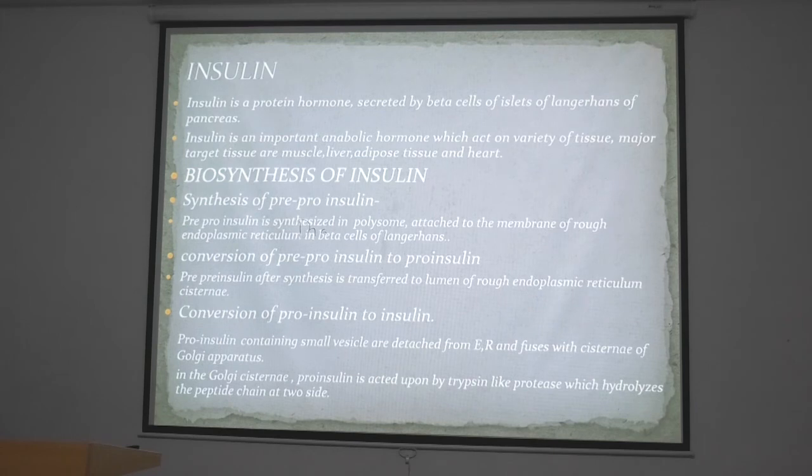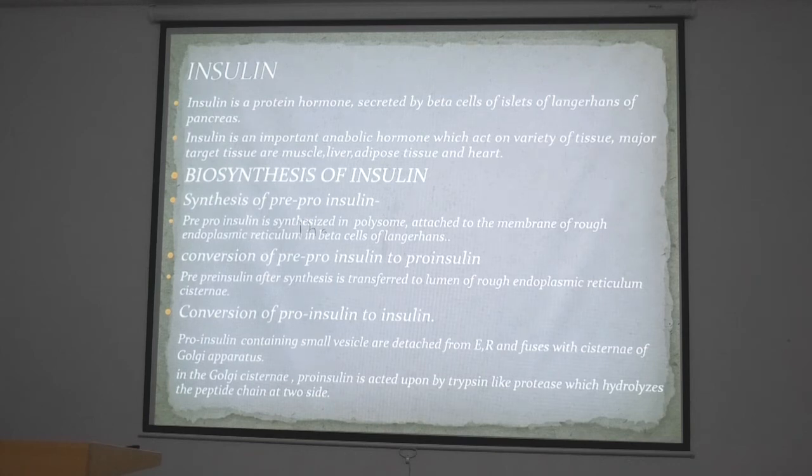What is insulin? Insulin is a good example of the primary structure of protein, that is amino acids linked together by peptide bonds. Pre-proinsulin is synthesized in polysomes attached to the membrane of rough endoplasmic reticulum in the beta cells of Langerhans. After synthesis, it is transferred to the lumen of rough endoplasmic reticulum cisternae.